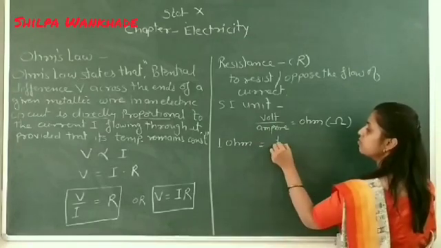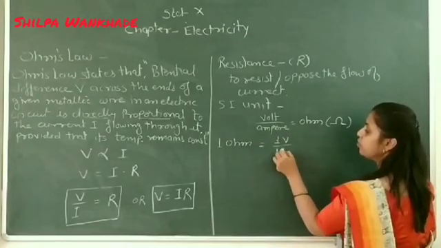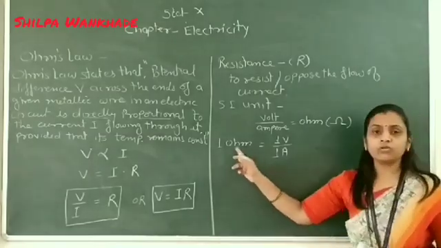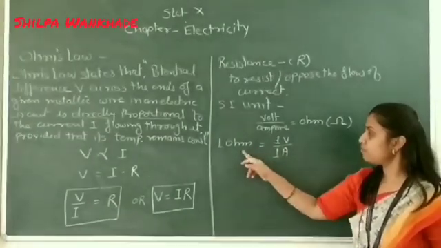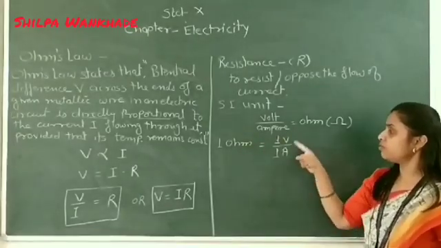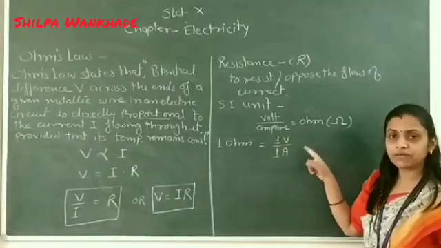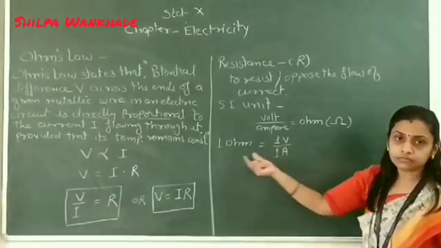So 1 ohm is 1 volt upon 1 ampere. So how do we find 1 ohm? From this formula, 1 ohm is equal to 1 volt upon 1 ampere. We can easily define 1 ohm.